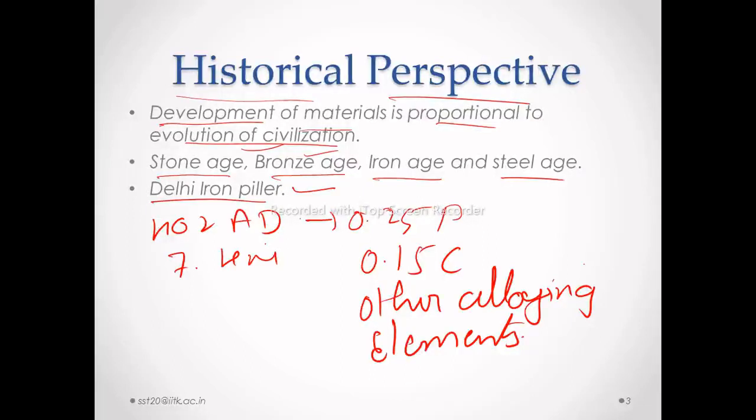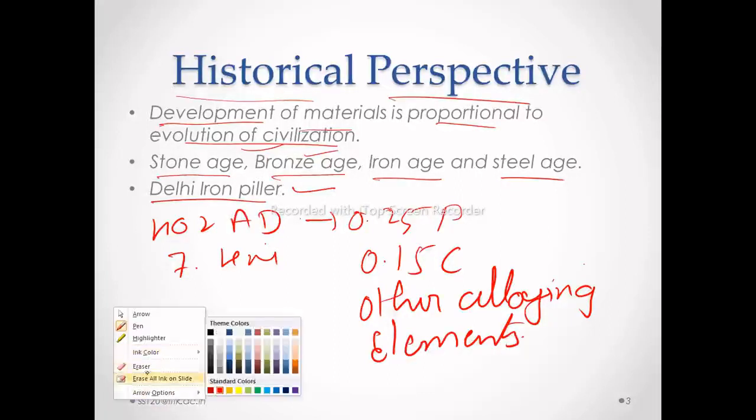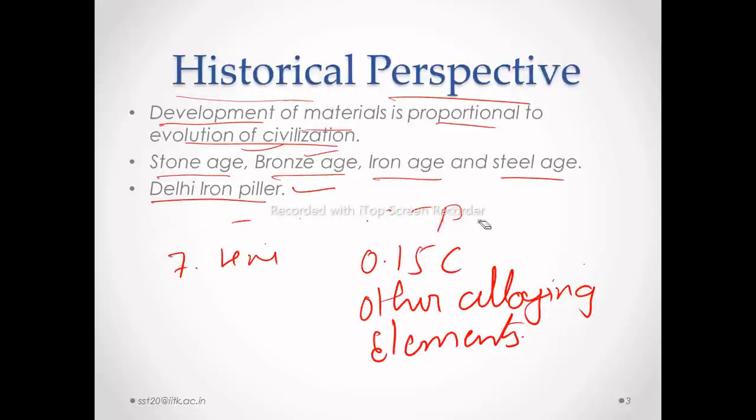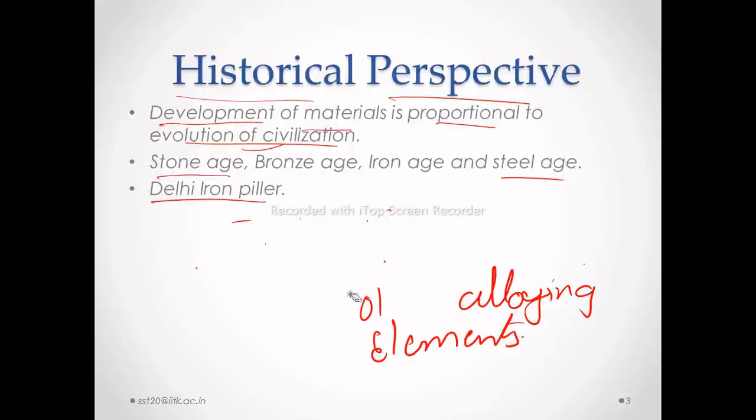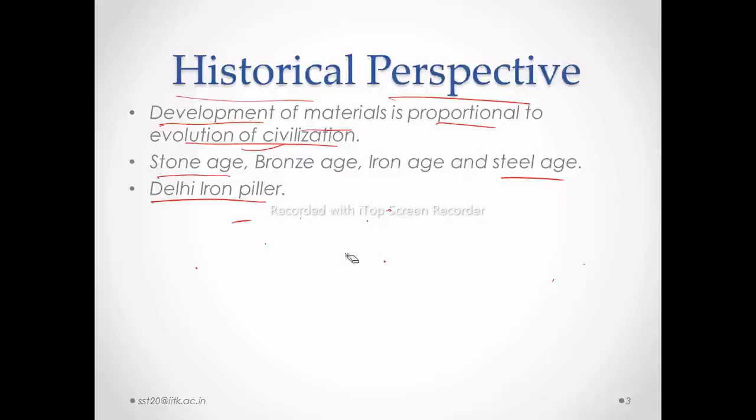This is a brief history of olden days. After this, in the late 19th century, many researchers and scientists correlated the structure and properties of materials to enhance their properties.